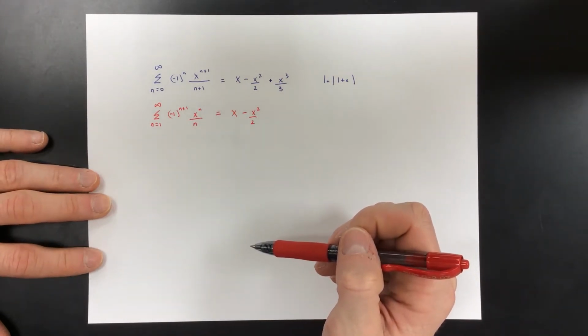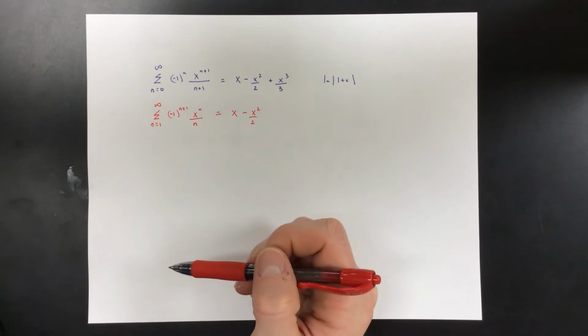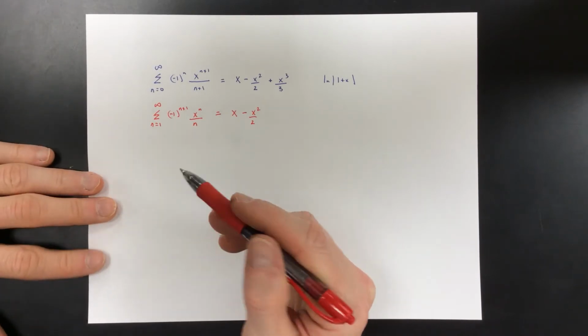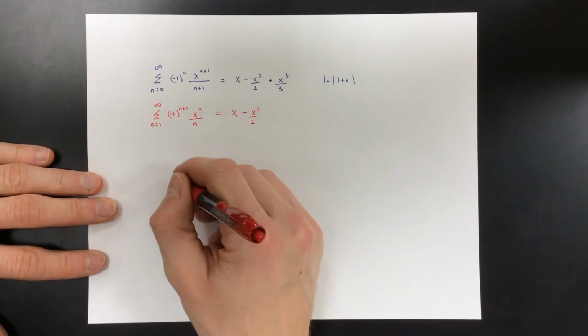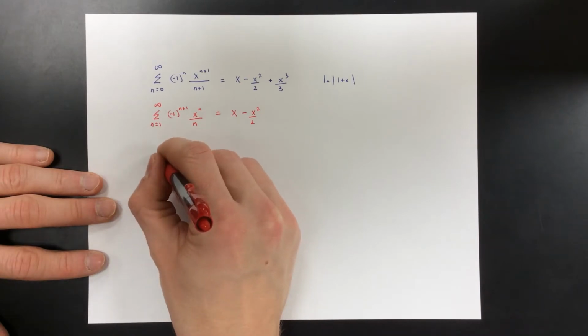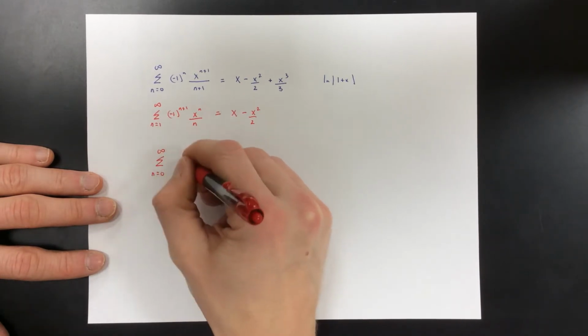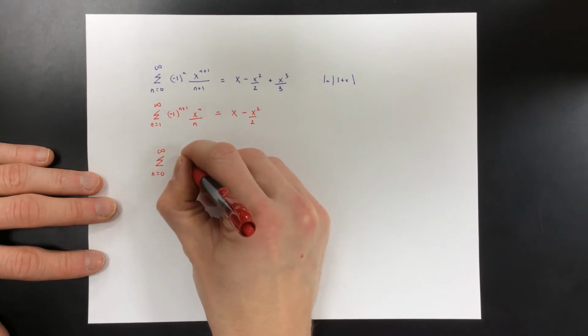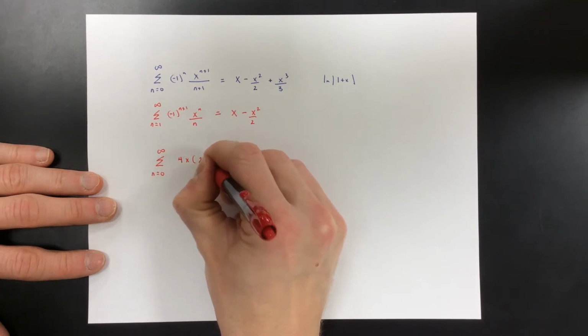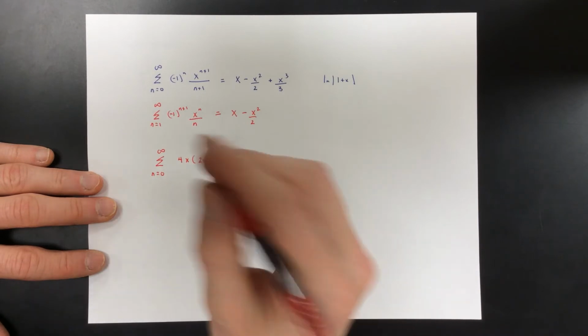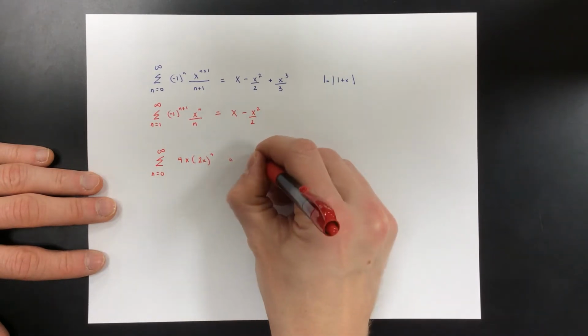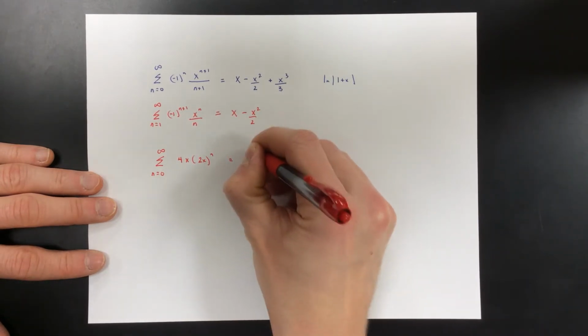And then one of the last tricks they do is they combine things. They'll combine things, like let's say we have something like 4x times 2x to the n. They will rewrite that as this.